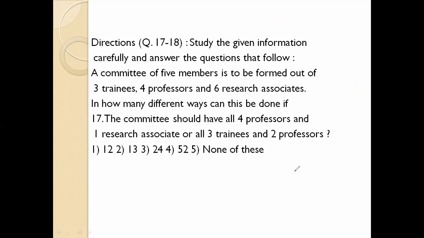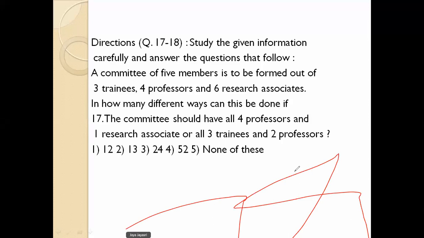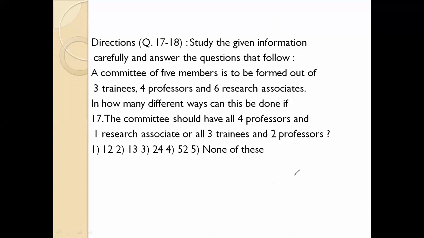A committee of 5 members is to be formed out of 3 trainees, 4 professors and 6 research associates. In how many different ways can this be done?